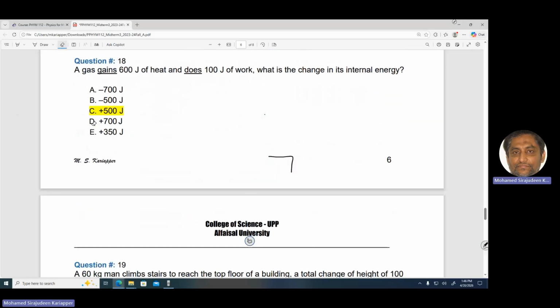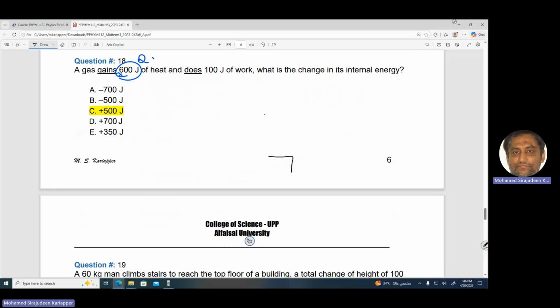A gas gains 600 joule of heat and does 100 joule of work. Who is doing it? The gas, the system, right? And the gas gains, meaning heat is flowing into the system. So this is Q, and it is positive.